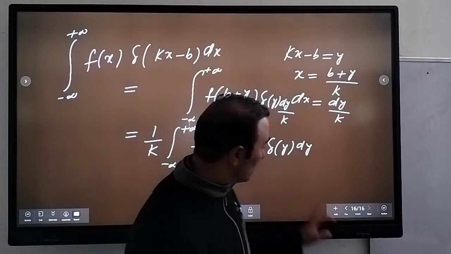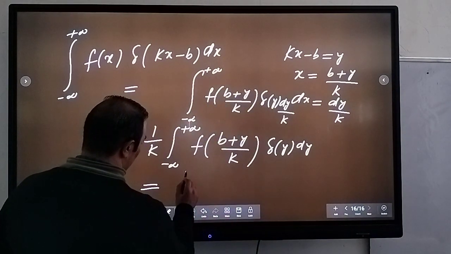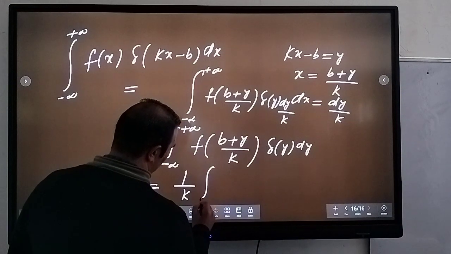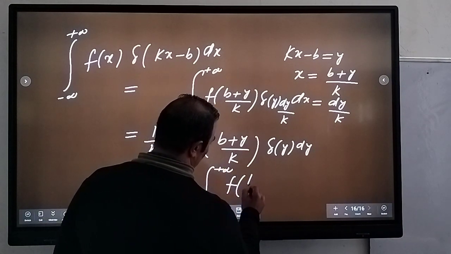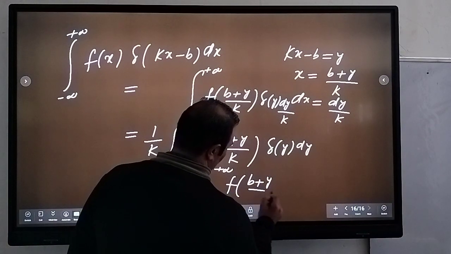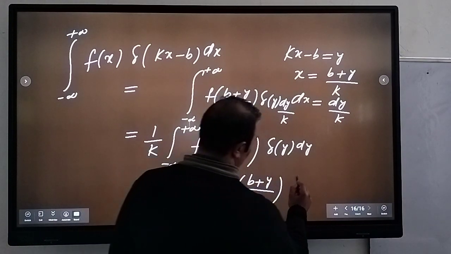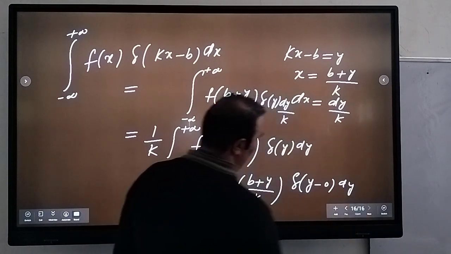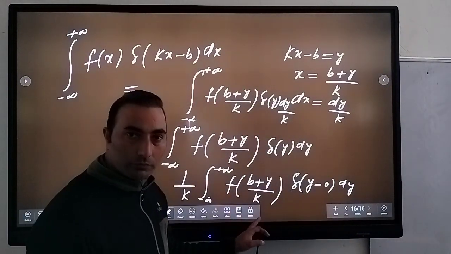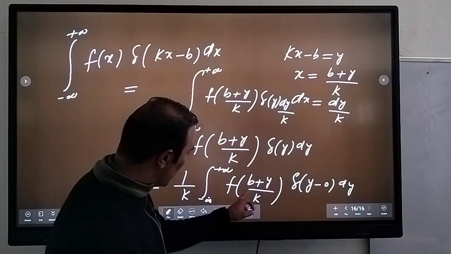So what do I have to do with this term now? Because this can be written as 1 by k. Now you put y equal to 0. So at y equal to 0 this term becomes f of b by k.